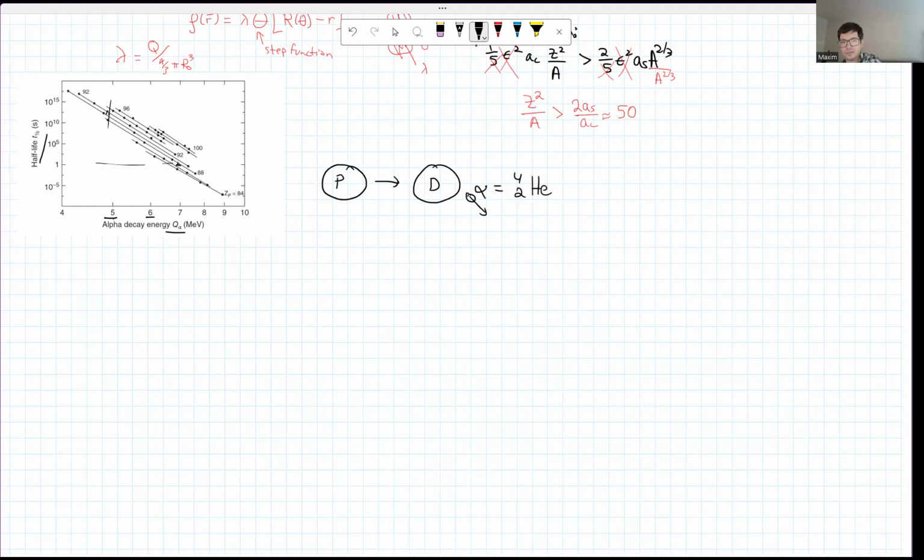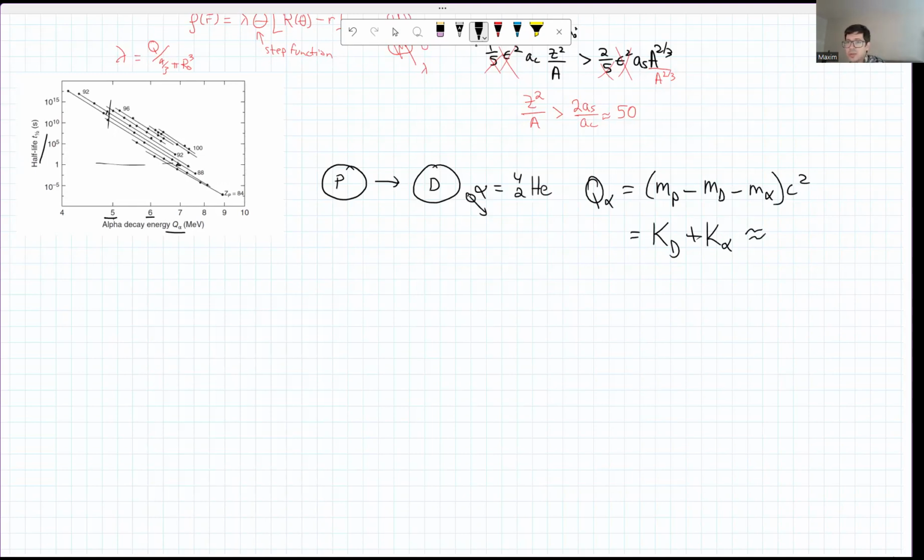And the Q value, Q alpha, is the mass of the parent minus the mass of the daughter minus the mass of the alpha, times c squared, and we know that's equal to the kinetic energy of the daughter plus the kinetic energy of the alpha, assuming the parent's at rest, which we argued using momentum conservation.